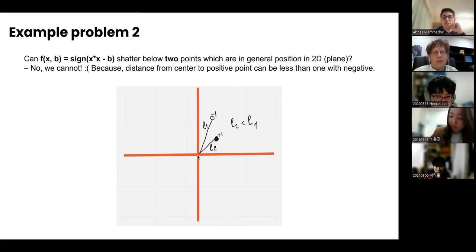The center is always at the origin. So if the negative point is inside of the circle, then the positive will also be inside of that circle. And if the positive is outside, then the negative should be outside. So 2 points are impossible in this kind of arrangement. That's why the 2 points are not possible to shatter in the case of a circle.